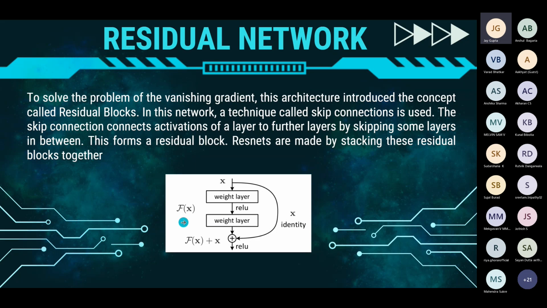In a residual block, we introduce a skip. Let's say these two layers are responsible for vanishing gradients. We will skip these layers, copy the input and put it in the output.